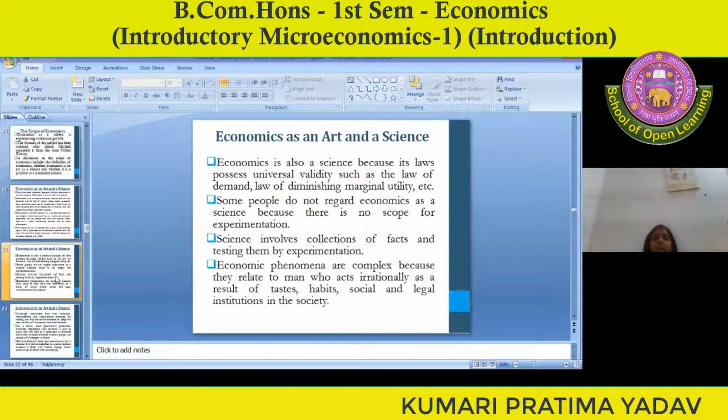So exactness can be a way of saying that it's not science. Another thing, science involves collection of facts and testing them by experiment. Economics has that, but is it all theories and thoughts? No. Some of the theories and thoughts, you can check facts, collect the data, as I've given an example of COVID. Economic phenomena are complex because they relate to man who acts rationally as a result of tastes, habits, and social and legal institutions in society.